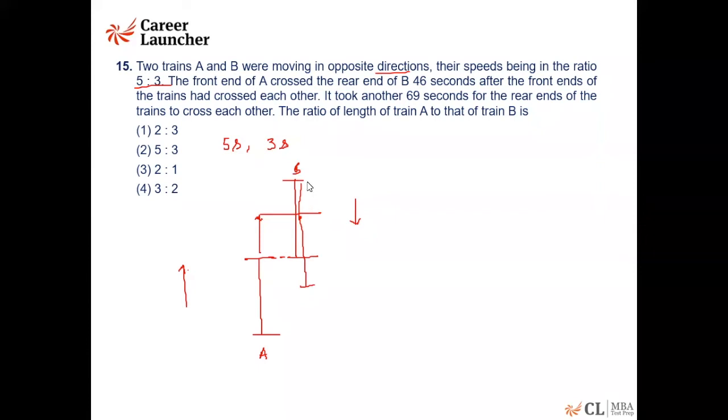What it essentially means, the total distance covered by both of them together must be equal to the length of the train B. So we could say length of the train B divided by 46 seconds must be equal to 8s, the relative speed, or LB by 8s is equal to 46.